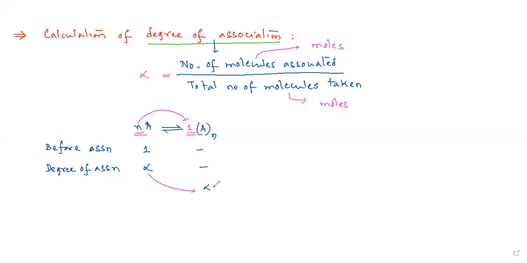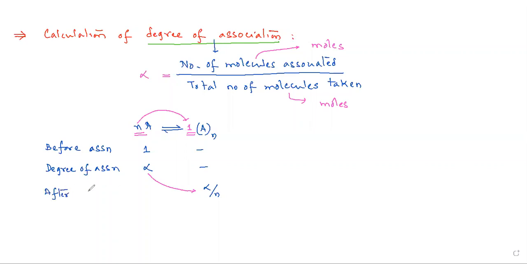So let me write this as alpha by n. When n is giving rise to 1, alpha gives rise to alpha by n.